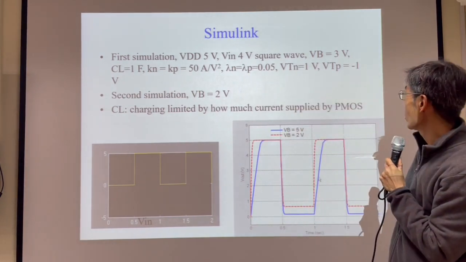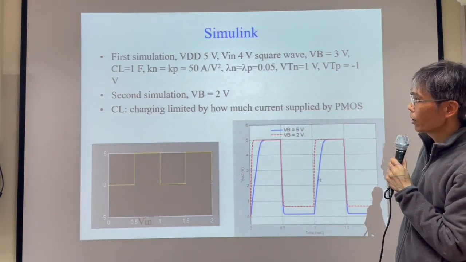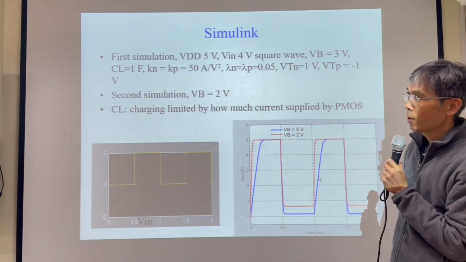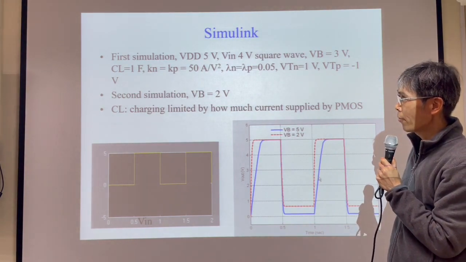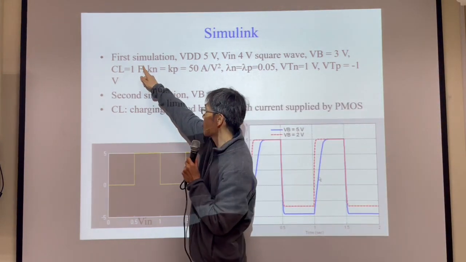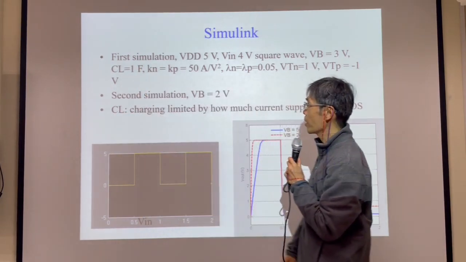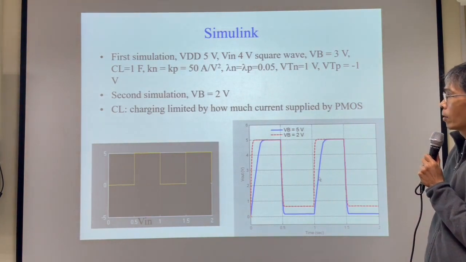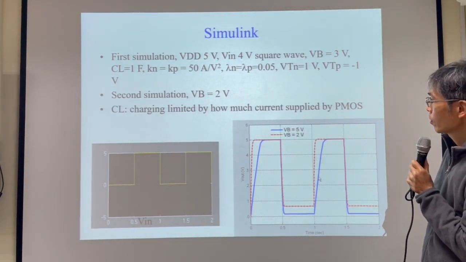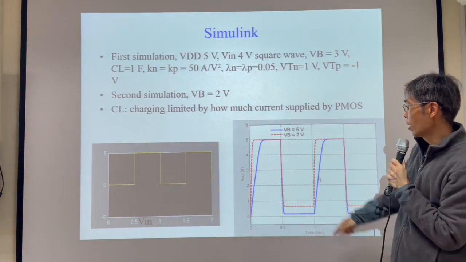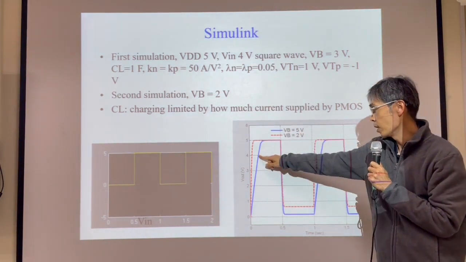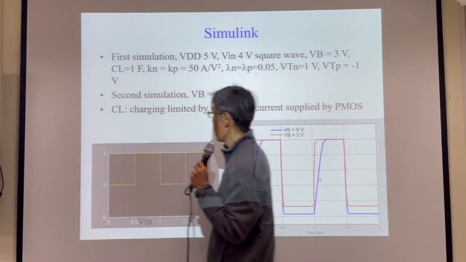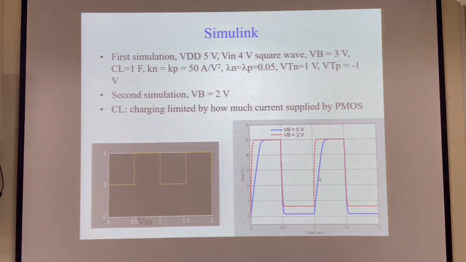VB is 3 volts, CL is 1 femto Farad, so this should be a lowercase f. Then kappa N, kappa P, lambda N, lambda P, VTN, VTP. And I use VB 5 volts to simulate the first one, VB 2 volts to get the second one. Okay, so let's see the Simulink model.